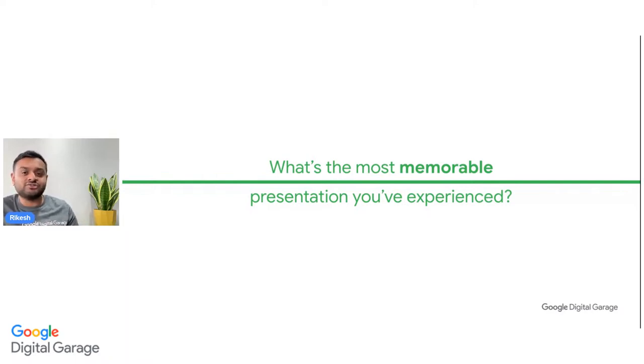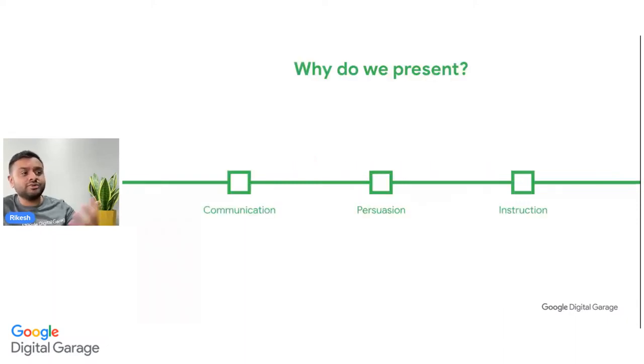It's great to start off this session properly by coming at it from all angles of our own experiences, because there are various reasons why we generally tend to present. So you can see here on screen, there are 3 reasons that we've got listed here why we tend to present. So we present to communicate a message.